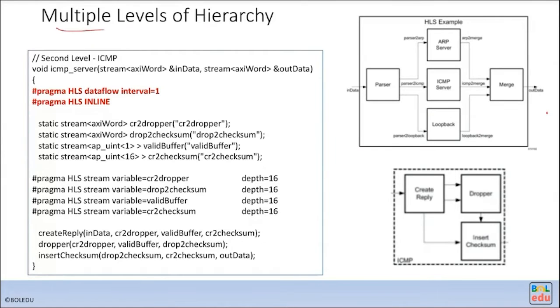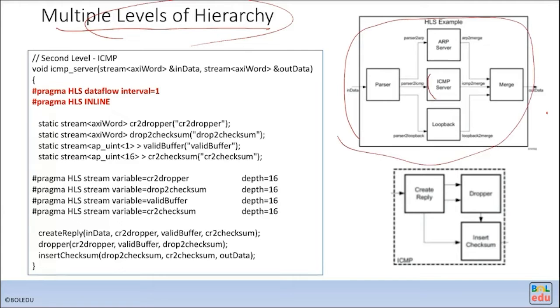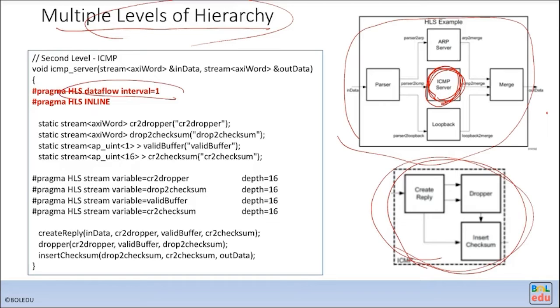In this case you have a multiple level hierarchy. For example, this is the top module, and then you have an ICOM server, and inside you have sub modules. For the hierarchical modules, first the sub module needs to specify the data flow. As we mentioned in the previous class, the data flow won't propagate to the sub module, so for the function inside the sub module, if we want to do the data flow, you have to specify the data flow.